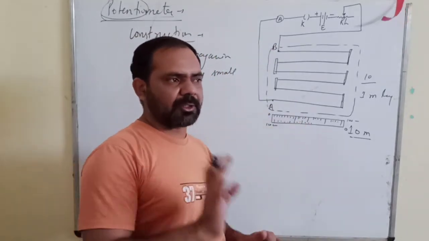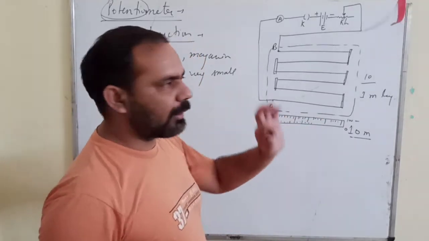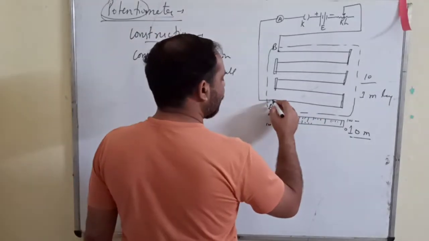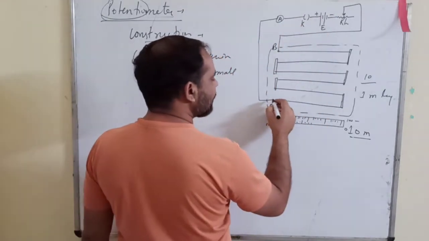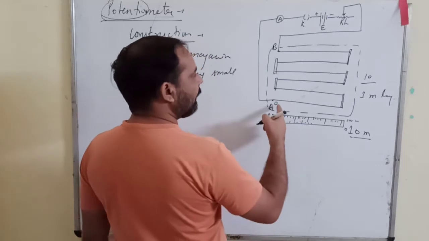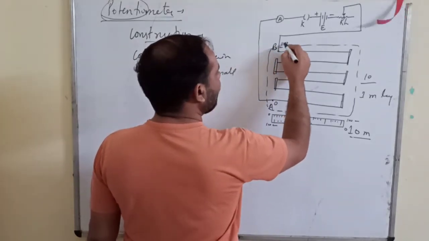Now which scale will you choose, the upper one or the lower one? It depends. If this end is connected to the positive terminal of the battery, then this is your 0 end and this end is your 10 meter end.